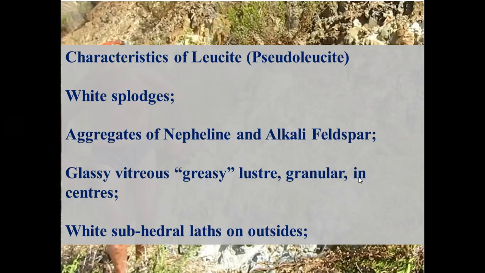So the way to identify pseudoleucite: does it look like octahedra, broadly speaking? And if so, then you've got white splodges. Can you see within the white splodges any indication of glassy, greasy nepheline with the more opaque white material around the outside?